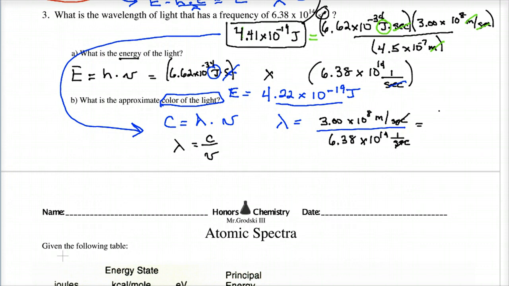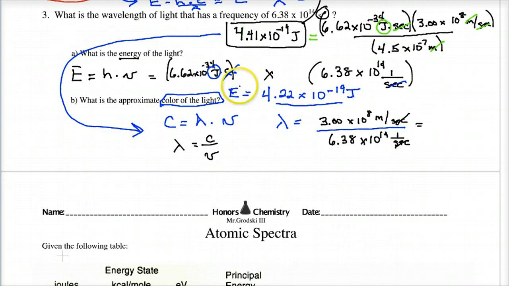So put this in your calculator. I have 3.00 second function E to the 8 divided by 6.38 second function E to the 14.